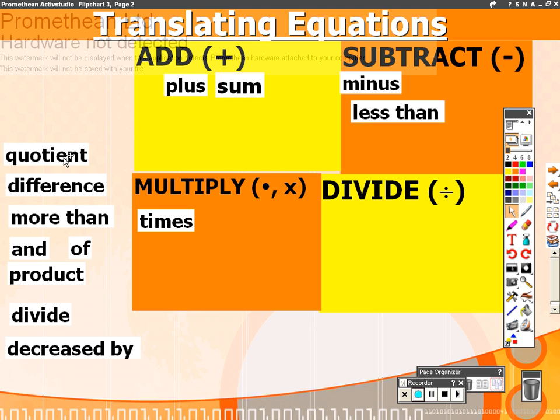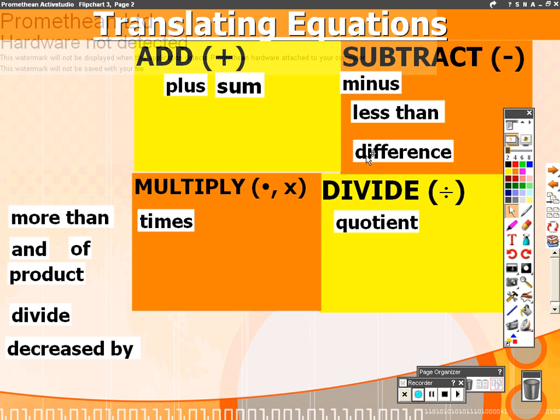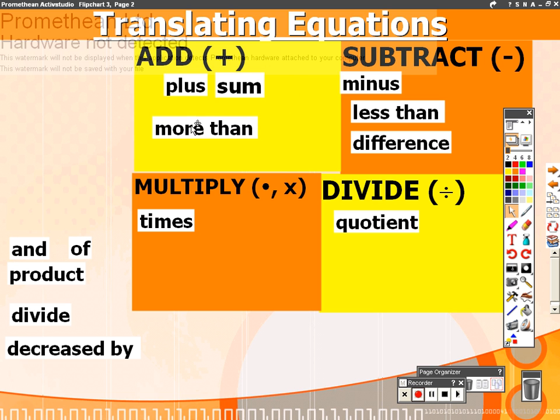Quotient is a tricky one. Quotient is the answer to a division problem. And we're going to talk about that later. Difference, the difference between two numbers. The difference between 7 and 4 would be 3. Difference is a subtraction problem. More than. If I have more than you, I have an additional amount, so I'm going to add. And we generally see with add, I'm going to kind of leave it out there.